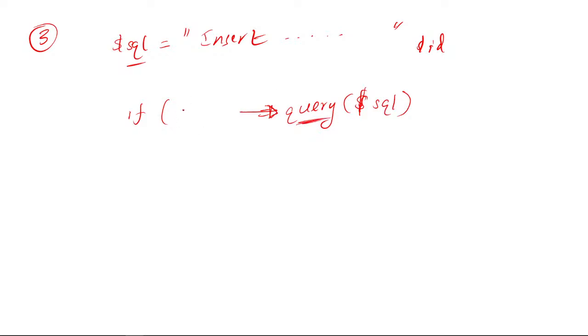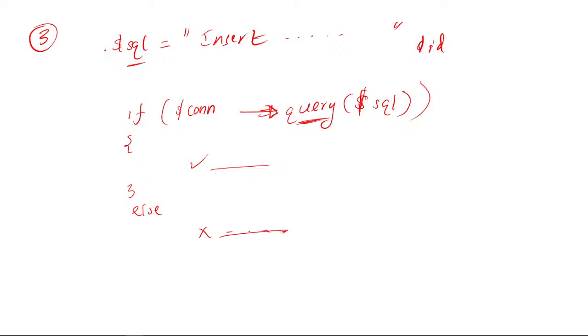If it is working fine, it will have some value, otherwise it will be null. If it happened nicely, we can say okay, done, we have inserted. Else we can say sorry, we couldn't insert. We can print an error message just to let the programmer or the user know we couldn't do it.